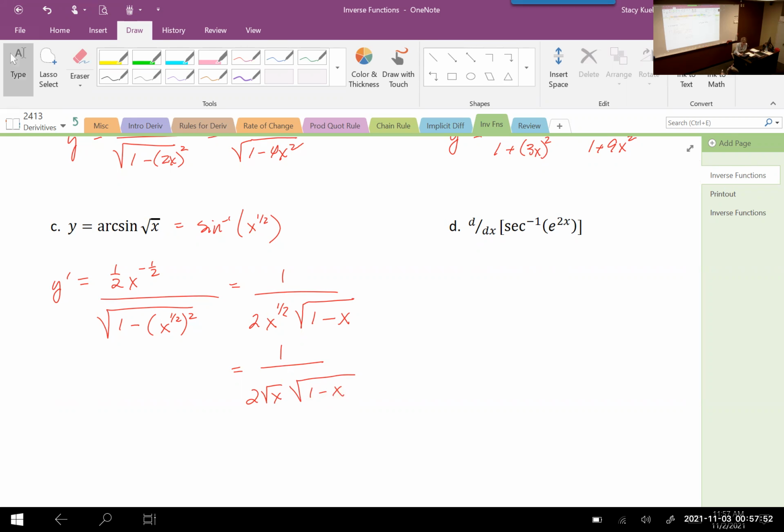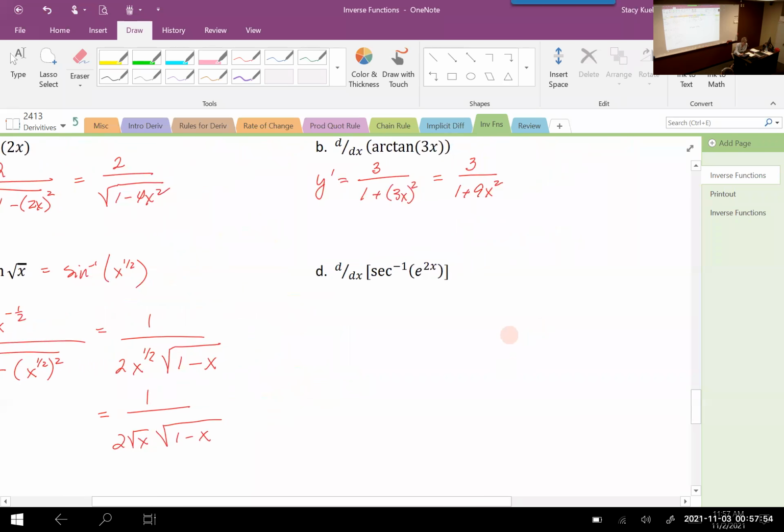All right, now finally we have secant. We're going to use the positive value for secant, right? It had the absolute value bars on our x in the denominator. Well, the argument e to the 2x is positive, right?